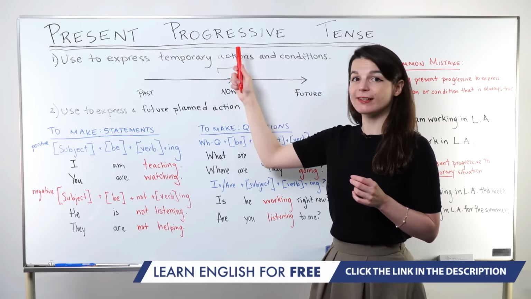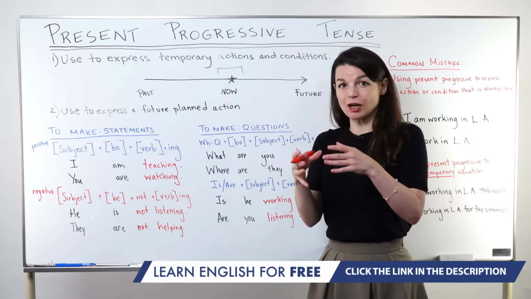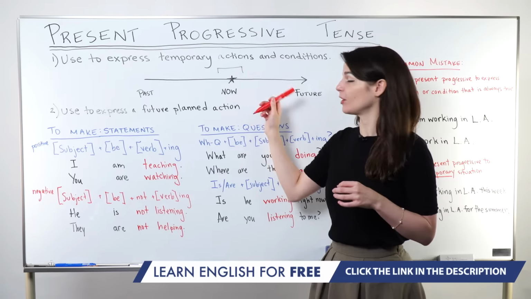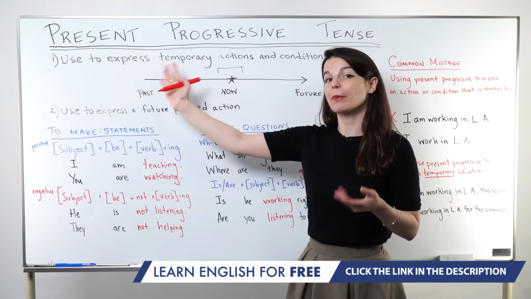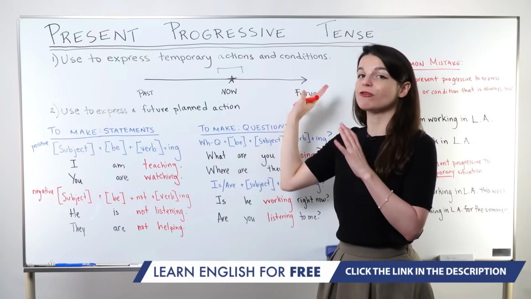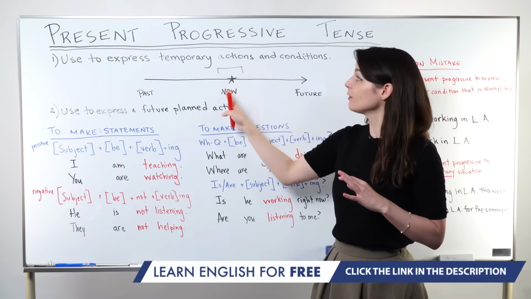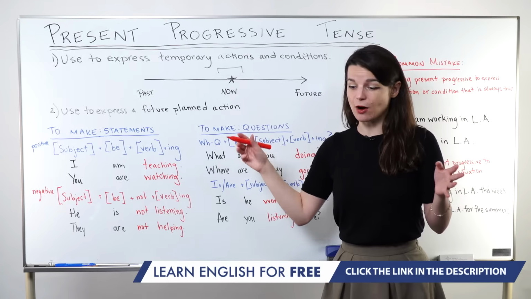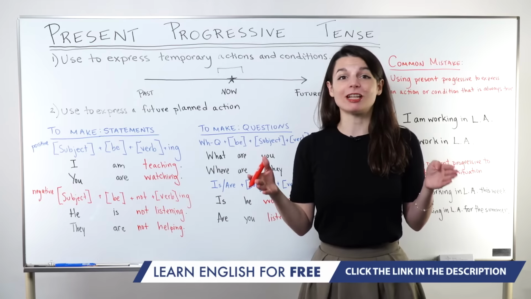With present progressive tense, it's something temporary, something that is true now, at this point in time. So not in the past. That's what we use past progressive to talk about. And we don't use it to talk about the future either. Present progressive refers to temporary actions and conditions that are true now and that are going to finish at some point in time.